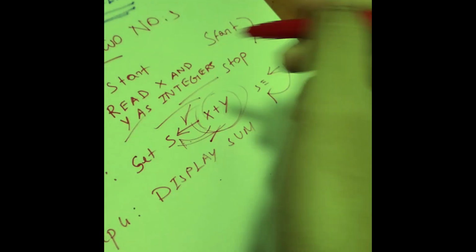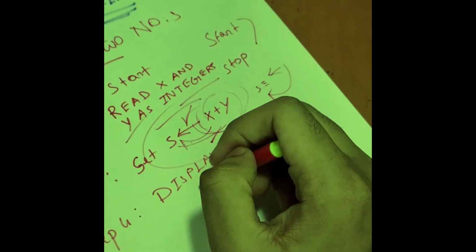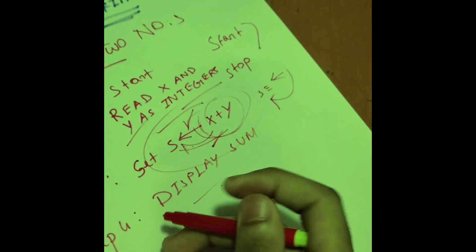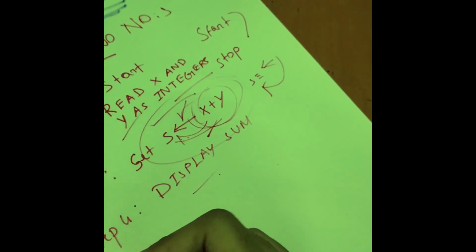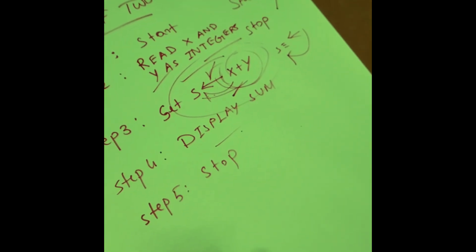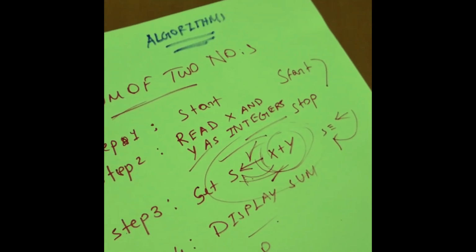Alright, the code is done. Input is done, process is done, display is done. Input, process, output is done. What are we left with? The last thing, that is stop. This is an algorithm of the sum of two numbers.